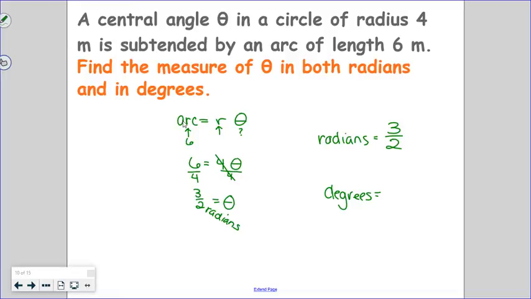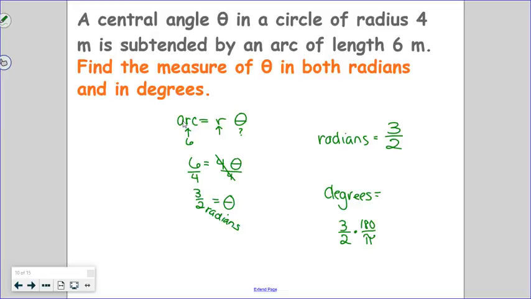To get from here to here, now I do need to convert the same way I have converted everything that is in radians to degrees, and that is by multiplying by 180 over pi. Now, usually that meant I got to cross off my pi's, right? But our radian measure didn't have a pi in it, so I'm just going to have to type it all in my calculator and get an ugly decimal.